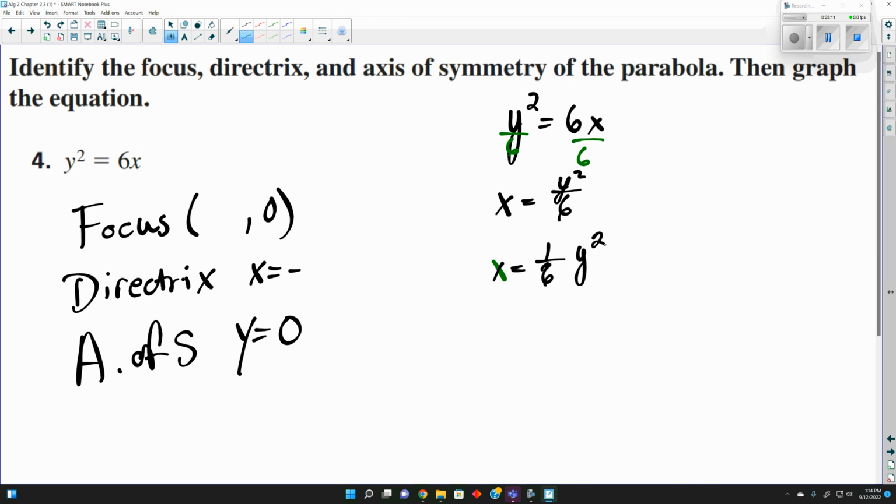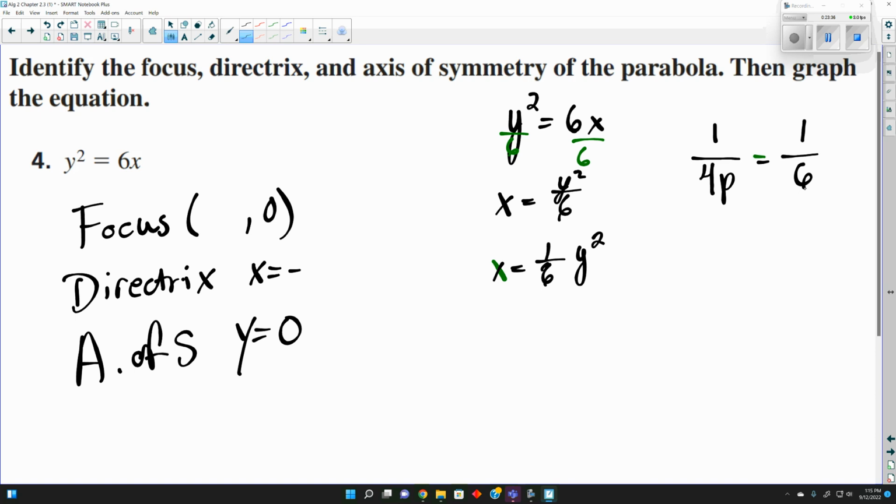Either one works. Now that tells us that 1 over 4p is equal to what? 1 over 6, yes?